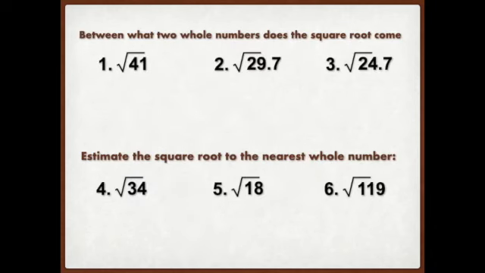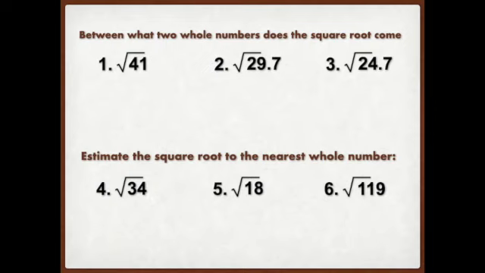I'm going to have you try questions 1, 2, and 3, and then you can try 4, 5, and 6. Now, for questions 1, 2, and 3, we want to figure out the range: what two whole numbers is the square root between? What two square roots it will be between, and then that will give me my two whole numbers.